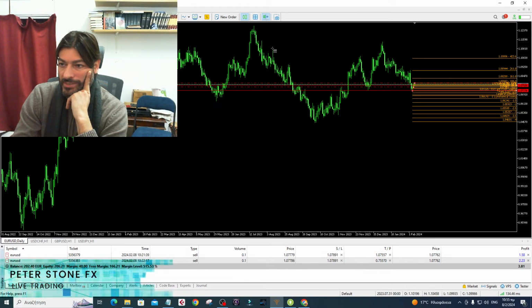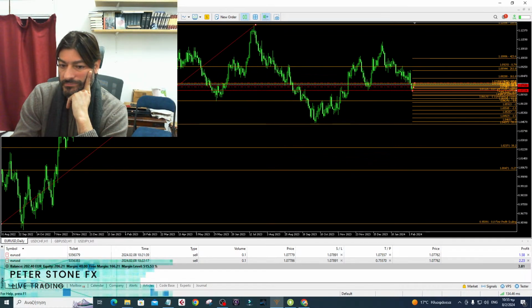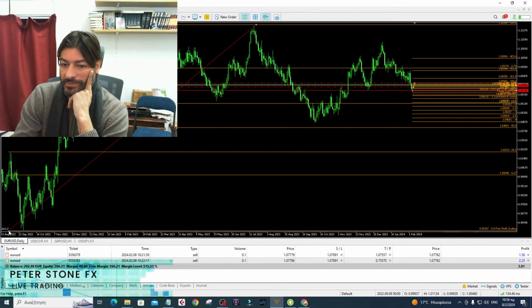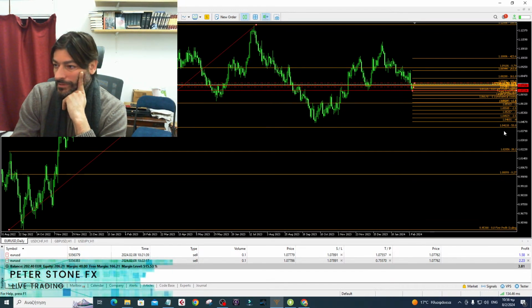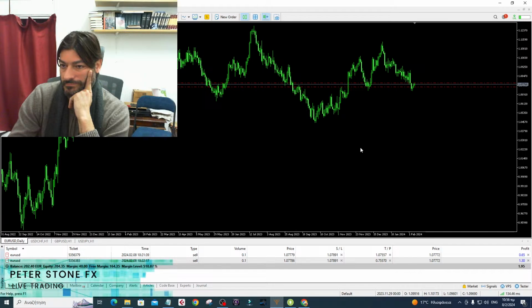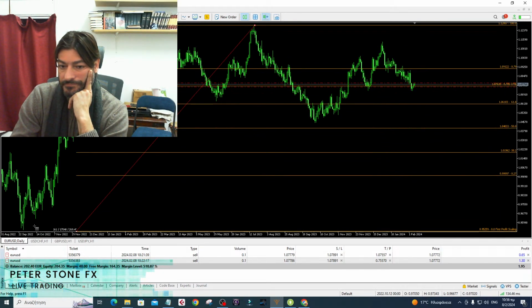So in terms of Fibonacci, as you can see, in the quarter, so now we're doing macroeconomic analysis, technical analysis, not fundamental. Oh my god.